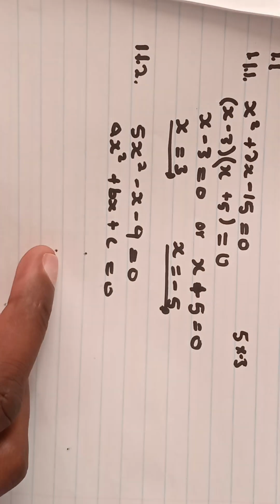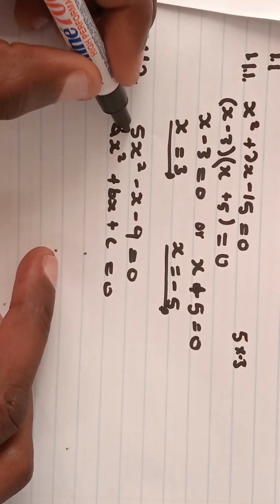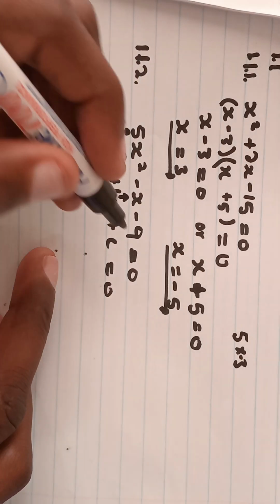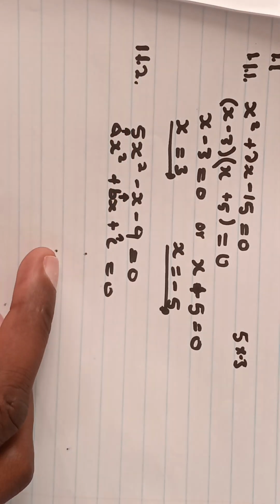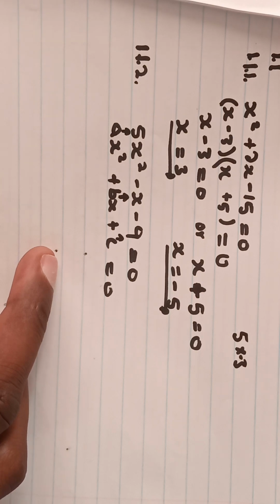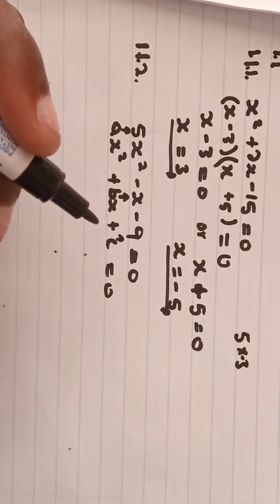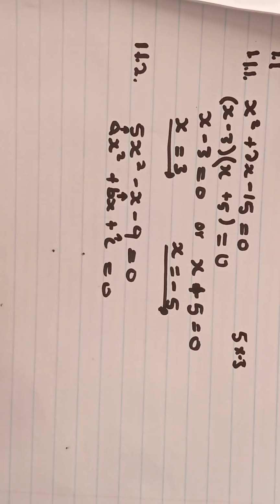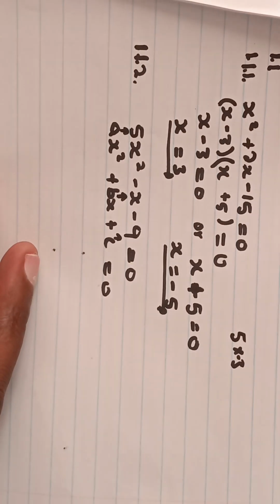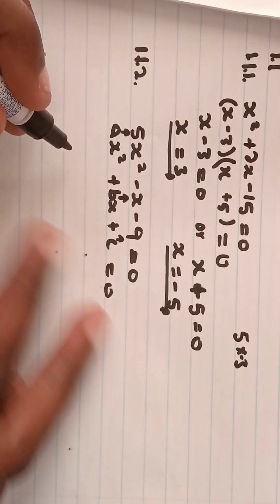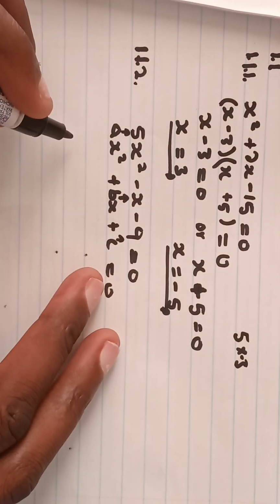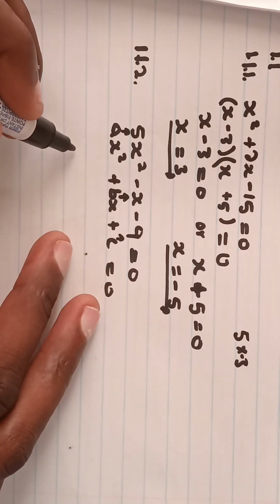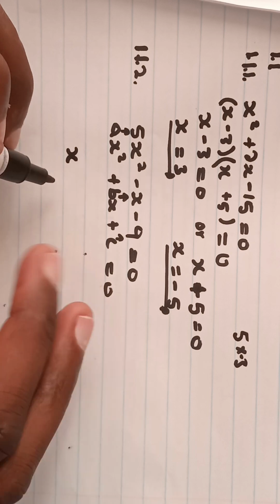Let's correspond these variables now. a here corresponds with positive 5, then b corresponds with negative 1, and c corresponds with negative 9. I hope you all see that. The quadratic formula we can find on the information sheet at the back of your question paper.